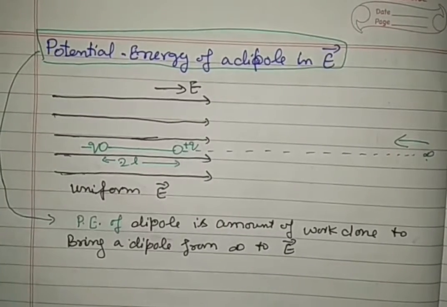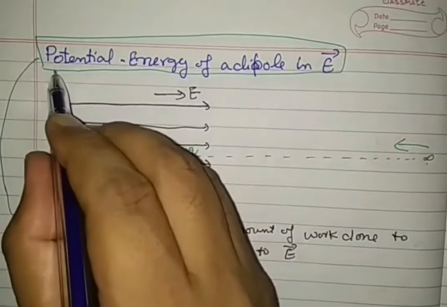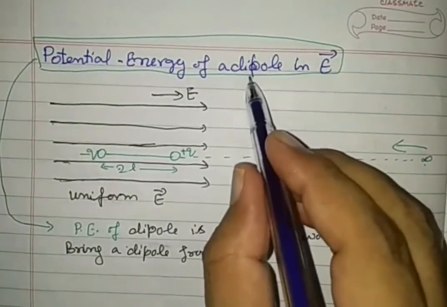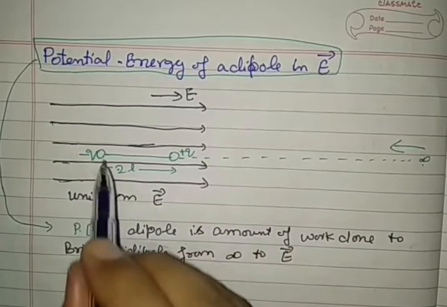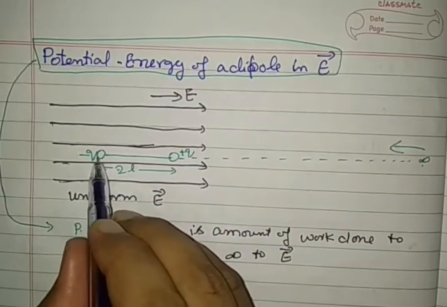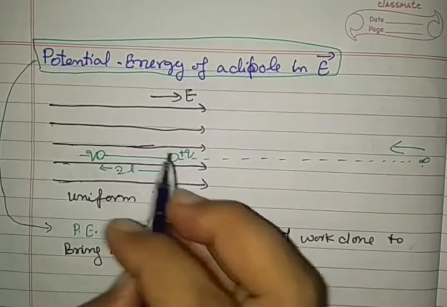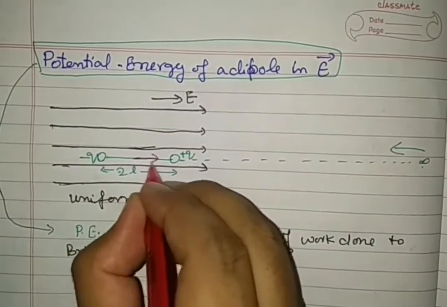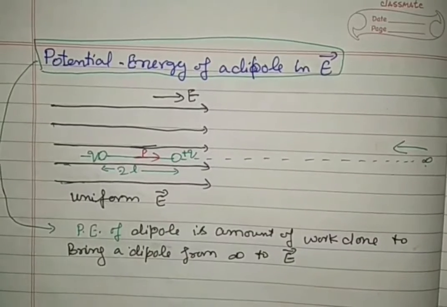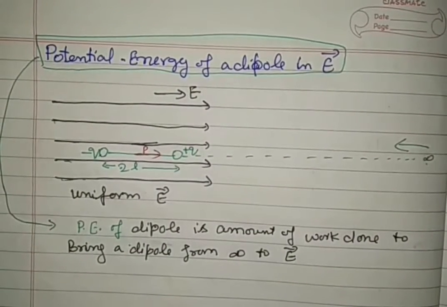See very carefully what I want to see. My topic is to calculate the potential energy of a dipole in an electric field. A dipole is here. What is a dipole? Equal and opposite charges separated by a finite distance, in which the dipole moment P acts from negative to positive, right?